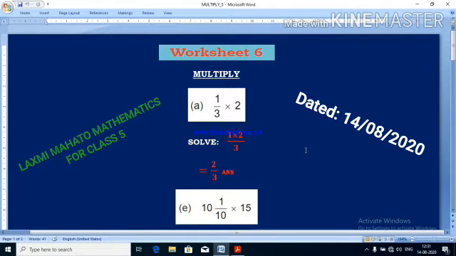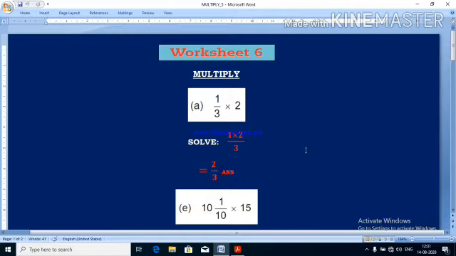Today we are going to solve worksheet 6 of the chapter on fractional numbers. In this topic we are going to solve multiplication of a fraction and a whole number. Question number 1A of worksheet 6 is 1 by 3 into 2.